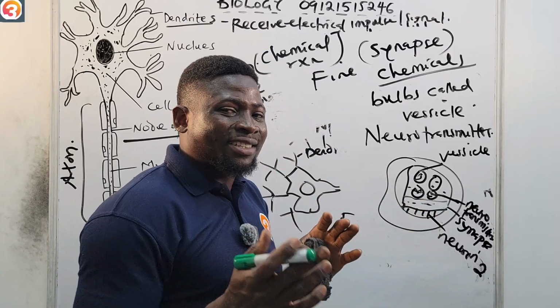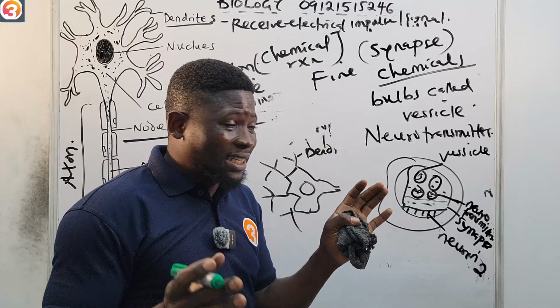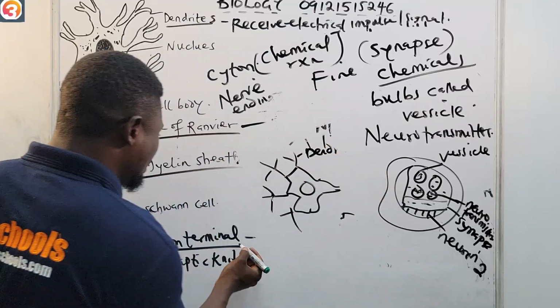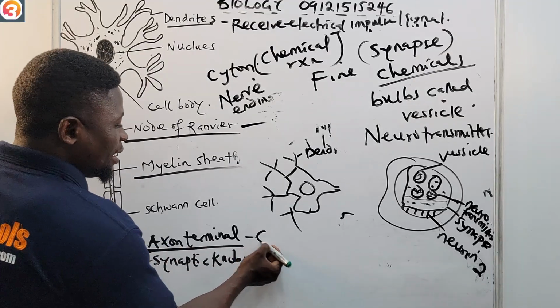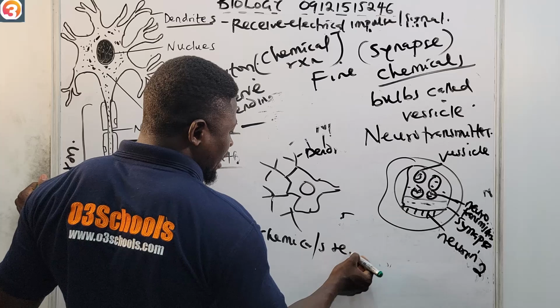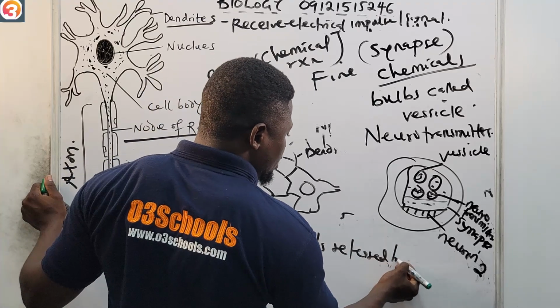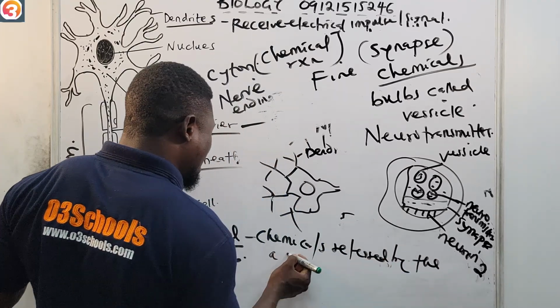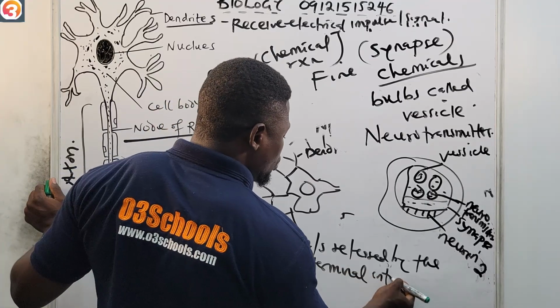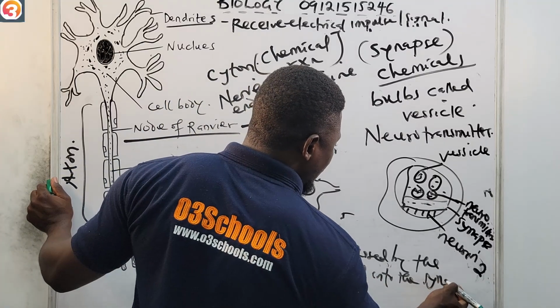And these neurotransmitters are nothing but chemicals that are released by the axon terminal into the synapse.